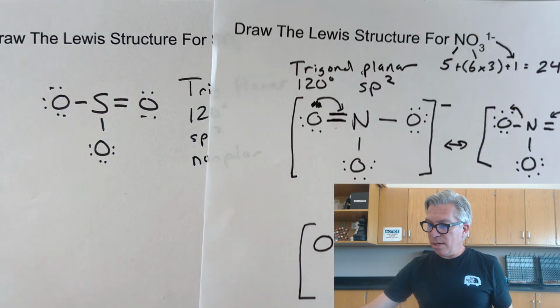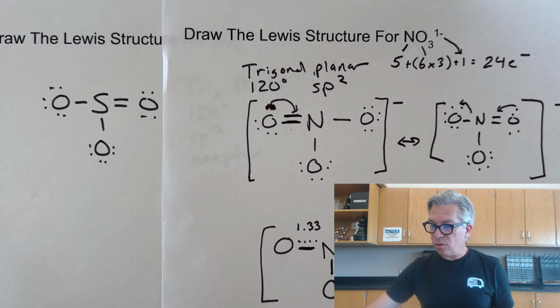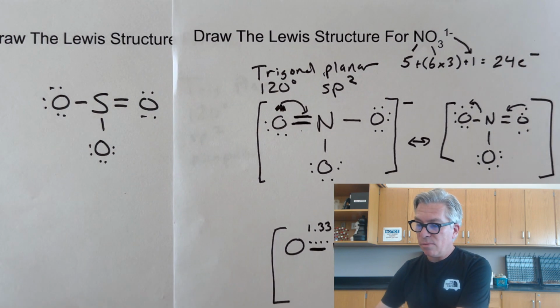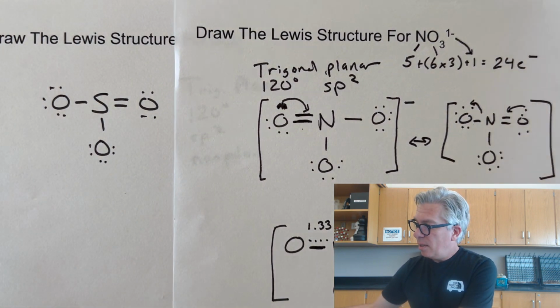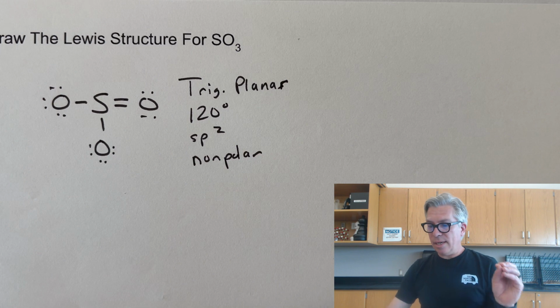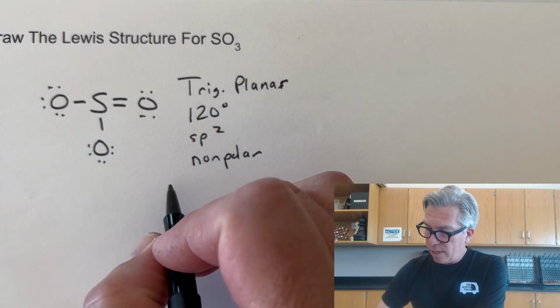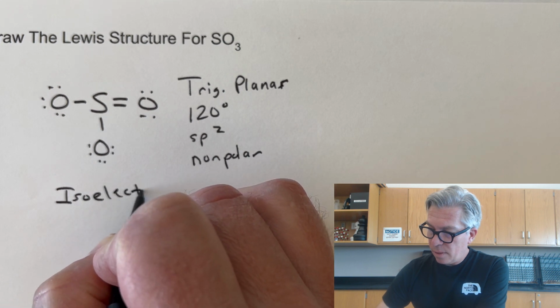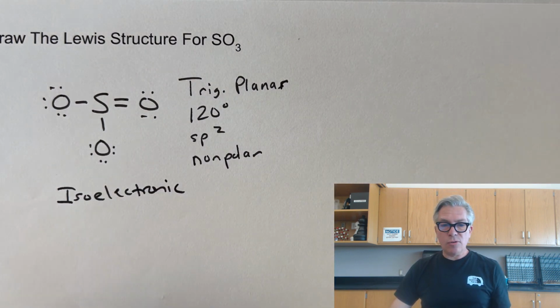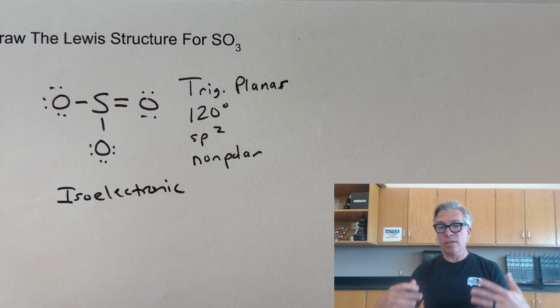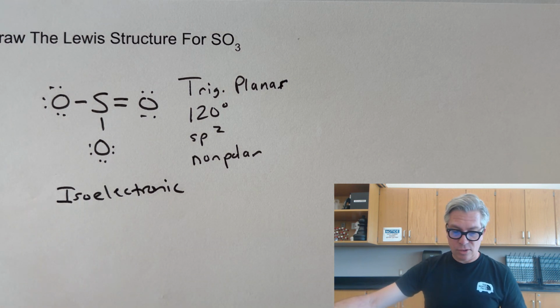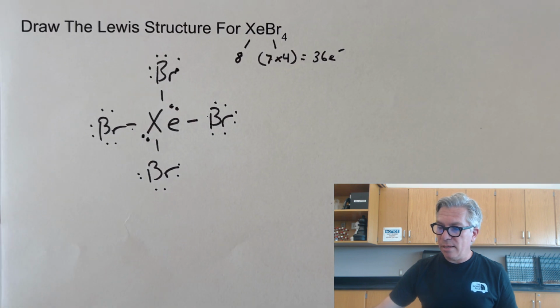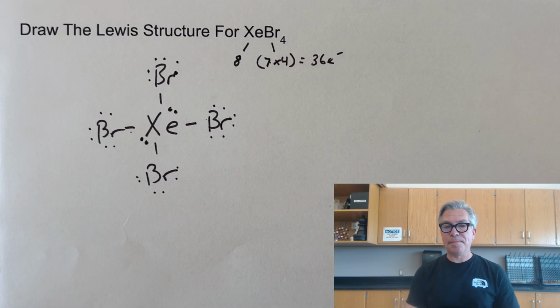And that is because they have the same number of electrons in the same bonding arrangement. Okay? And when that happens, yes, the middle atom has changed, but we actually call them isoelectronic with each other. Iso meaning same, they have the same number of electrons in the same bonding arrangement, so they're isoelectronic. And just for fun, take one moment and see if you can classify this last one.